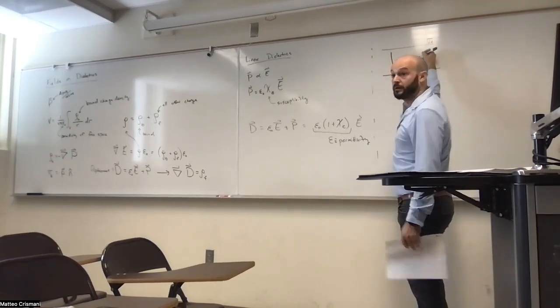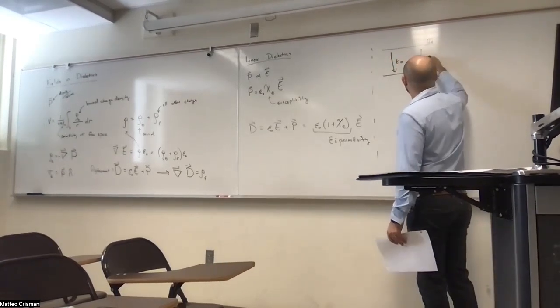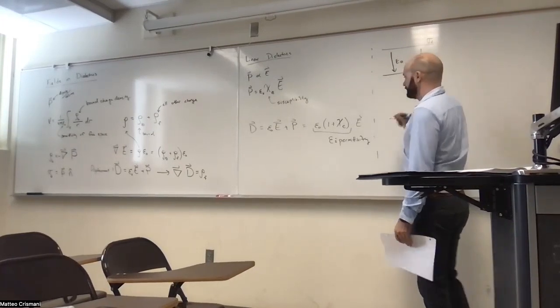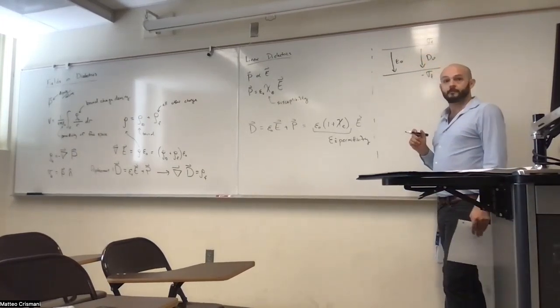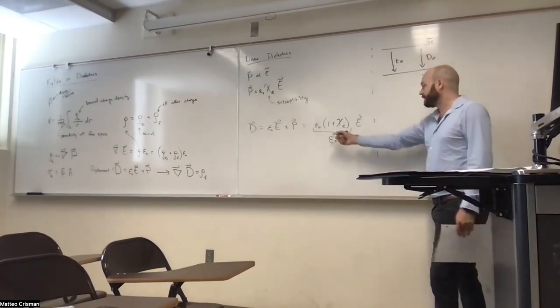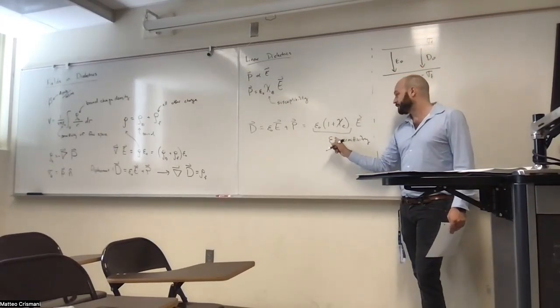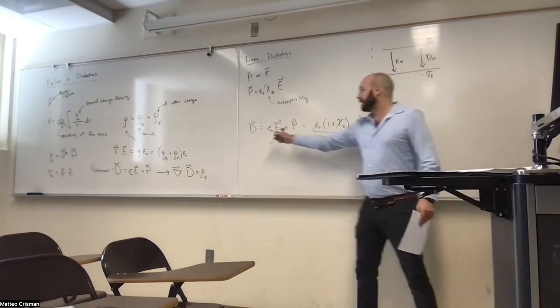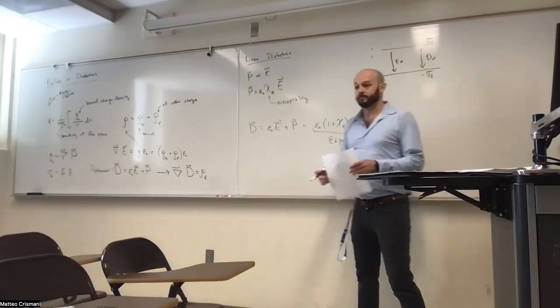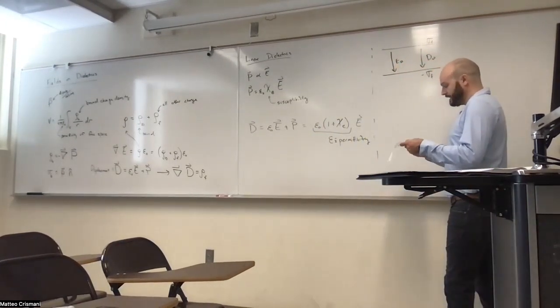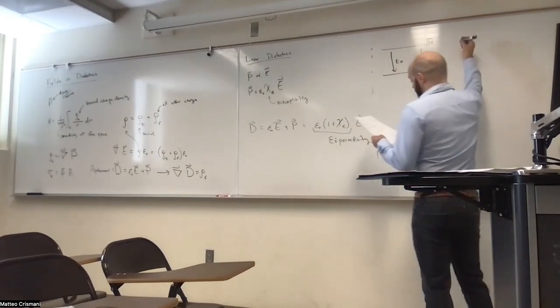I'm also going to write that D naught is straight down. Is that reasonable? Yeah, because I'm making the rules up here, and I said E naught was straight down, and I just multiplied it by a number. So D naught has to be straight down.